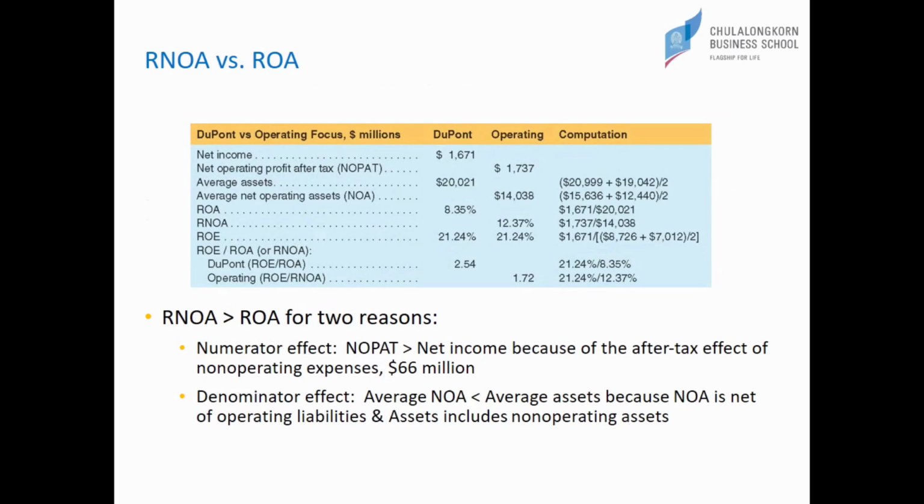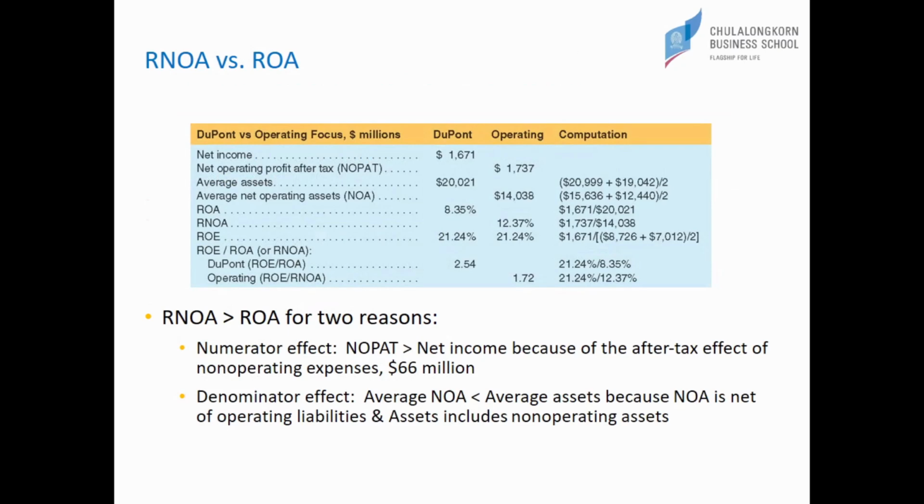And this is going to be true because of two reasons. Okay? Because there is a numerator effect, which is that NOPAT is going to be greater than net income that's used for ROA. Because there is an after-tax effect of non-operating expenses for this net income, which is what, a $66 million difference.